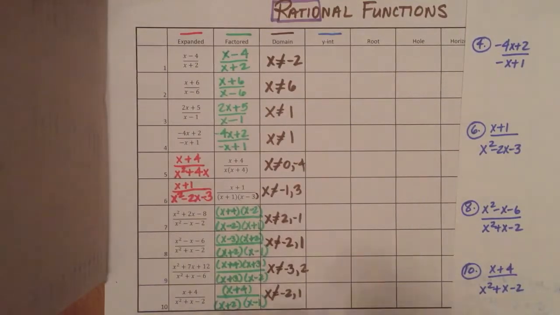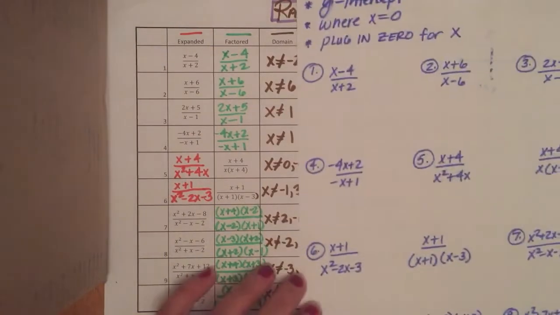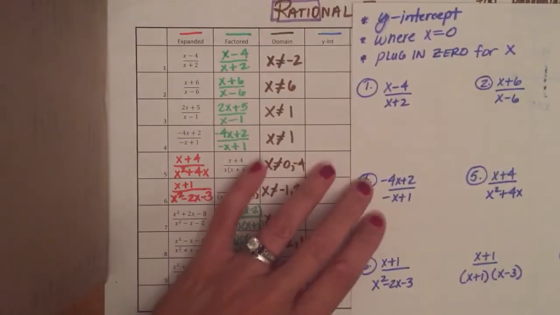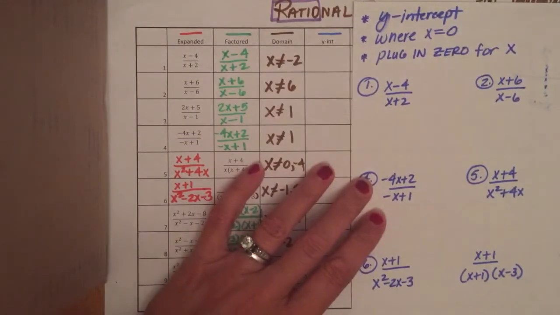Now there's two ways you can do this. You can do it the long way and plug in the zeros, or you can use a trick that we have to find the y-intercept. I've got all of the equations written out here so we can see them.